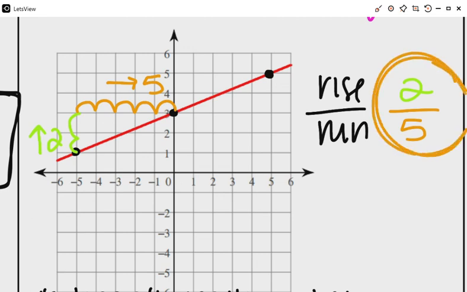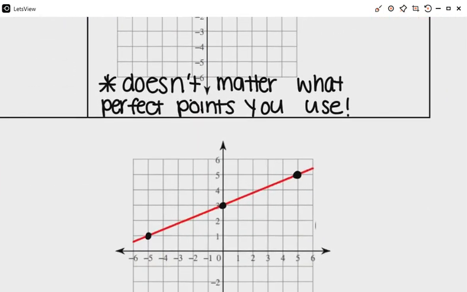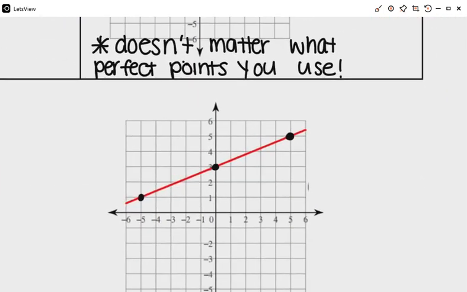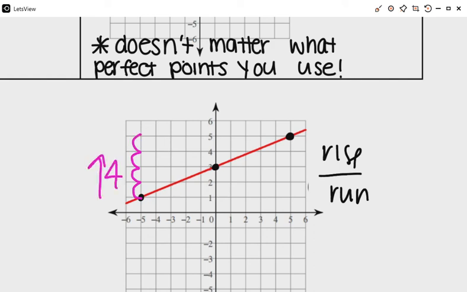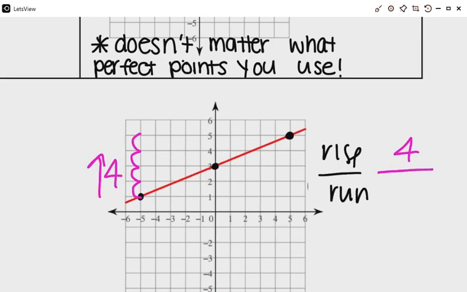All right, now since we have 3 perfect points on this graph, what I want to show you is that it doesn't matter what points you use. You're going to get the same answer. So let's look here, rise over run, and use our 2 endpoints. All right, so let's see. We're going to go up 1, 2, 3, 4, up 4, so a +4, and then over 1, 2, 3, 4, 5, 6, 7, 8, 9, 10.